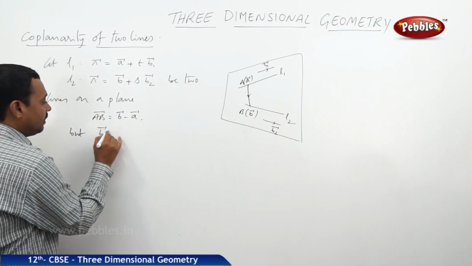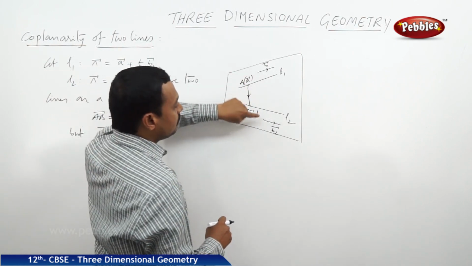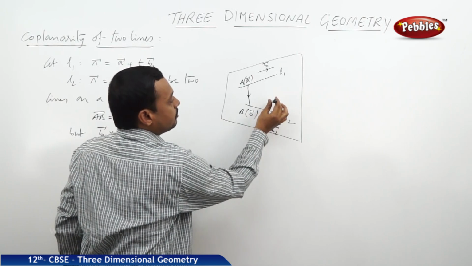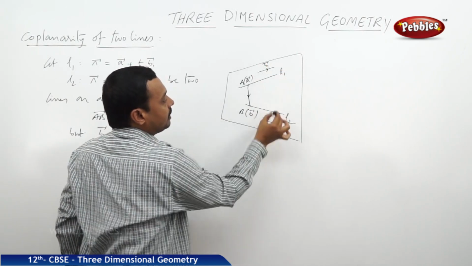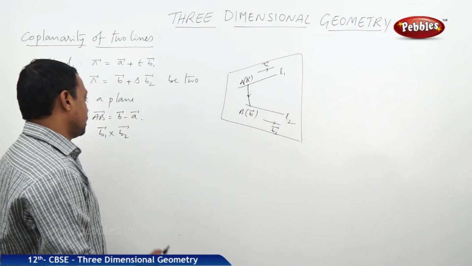Then b1 cross b2 is what? What is the cross product of these two? The cross product of two vectors is always perpendicular to the plane containing b1, b2. So we know that condition.